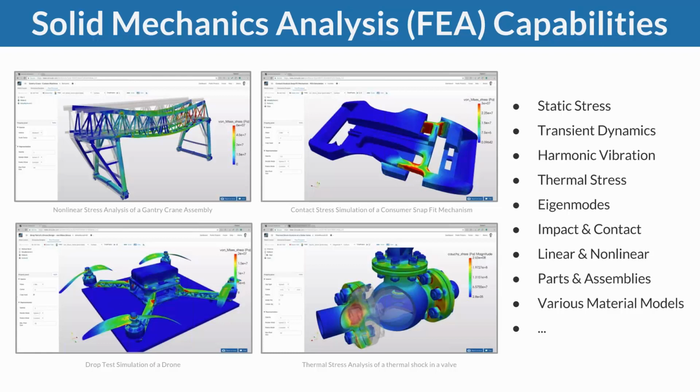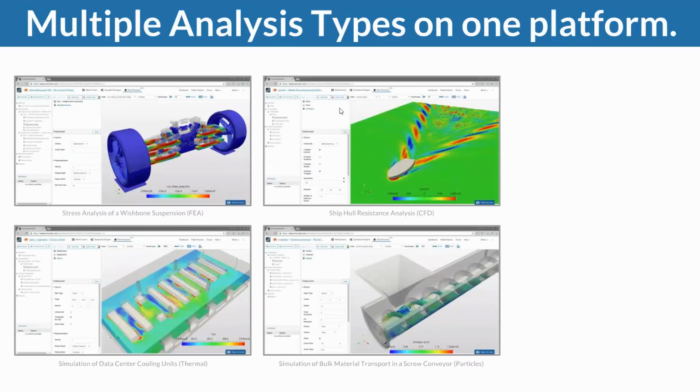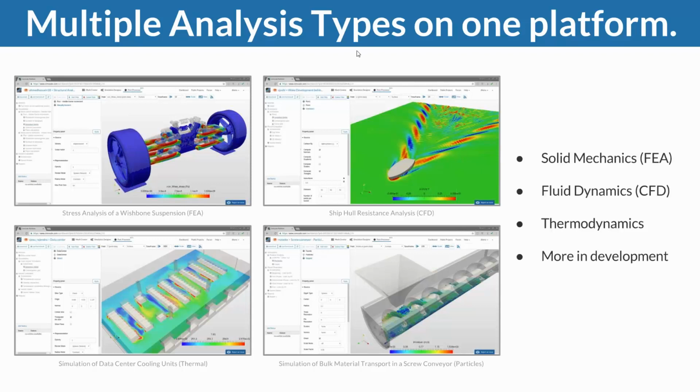You can use several parts, you can use assemblies, and we have various material models available with, for example, elastoplastic materials, creep, several others. But SimScale is not only a tool for structural mechanics. You can also do CFD analysis. You can do any kind of fluid dynamics simulation, single phase, multi-phase, with heat or without, incompressible or also compressible simulations. And there are even more in development.